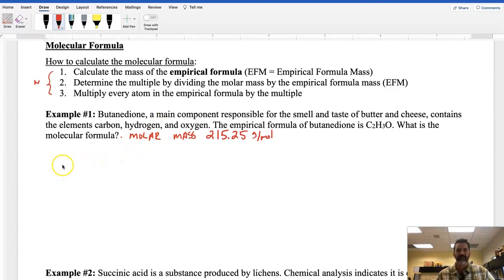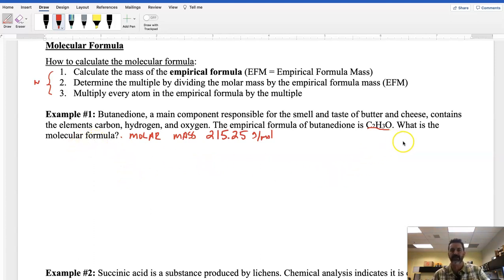Okay, so it says butadiene, the main component responsible for the smell and taste of butter and cheese, contains the elements carbon, hydrogen, and oxygen. The empirical formula for butadiene is C2H3O. So there's our empirical formula. They're already giving it to us. We want to know what is the molecular formula.